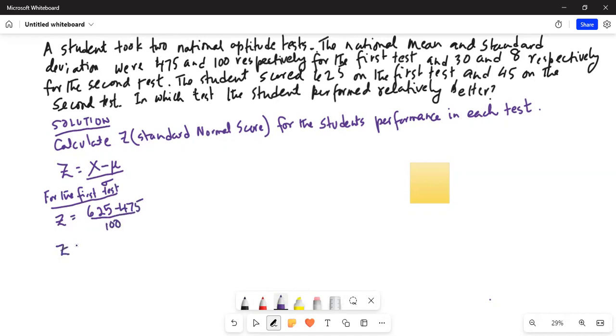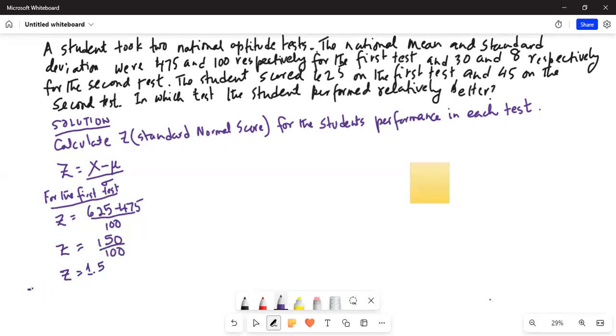So Z is equal to, first we will do 625 minus 475, which is 150, divided by 100. So Z is equal to 1.5.